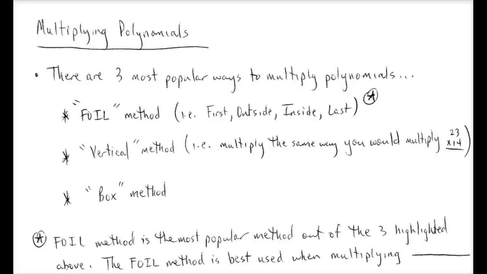So a polynomial of 2 terms times a polynomial of 2 terms, that's normally used for the FOIL method. But vertical stack, let's say if I have a trinomial being multiplied by a binomial, then I may want to employ the vertical stack method. And so the box method is just another way of doing the multiplication whenever you have polynomials that you're multiplying that have an unlike number of terms, okay?